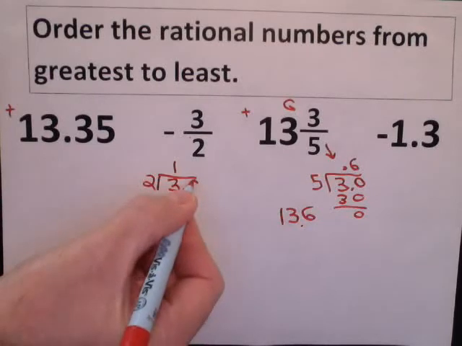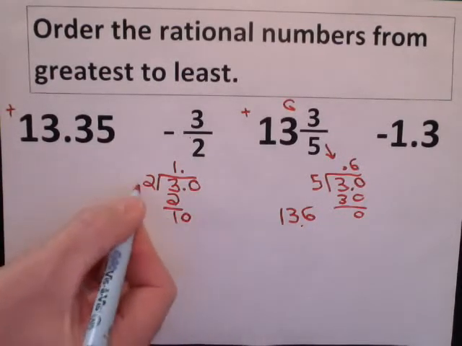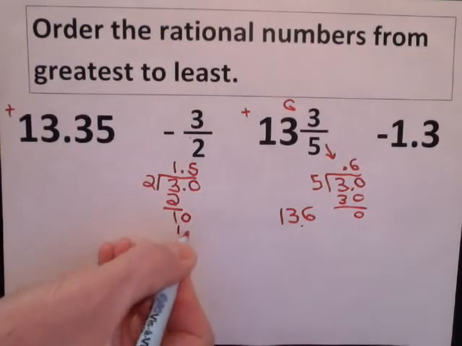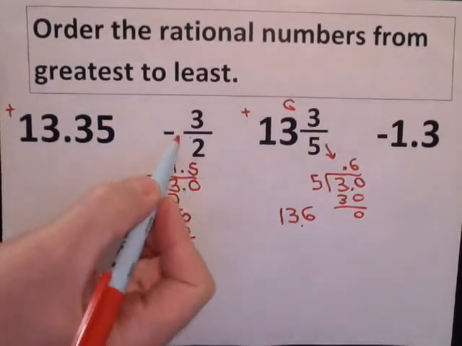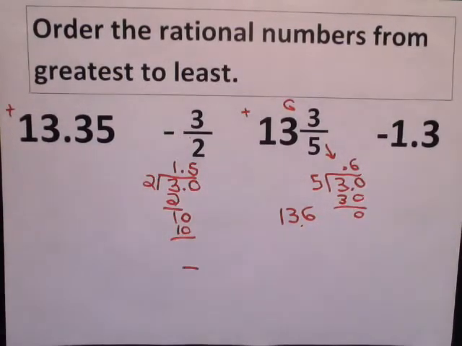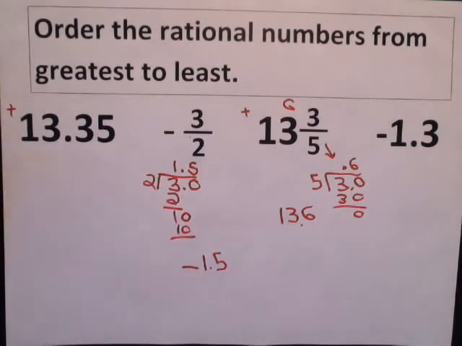Add a decimal point, annex a 0, bring down our 0. 2 will go into 10 5 times. 5 times 2 is 10, and it terminates. So this is actually equal to negative 1.5.